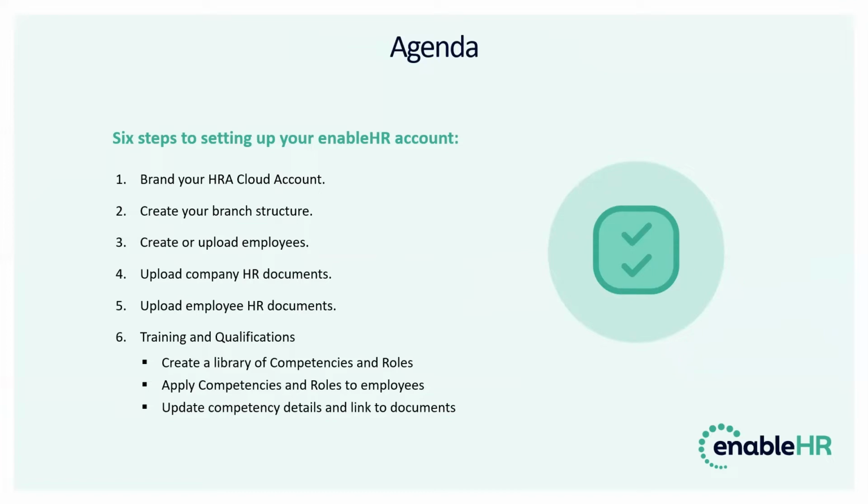We're going to cover how to add your own branding to your enableHR account, how to set up your branch structure, how to get your employee records into enableHR, how to upload company HR documents, and how to upload current and historical employee documents, how to build out your competency library to capture training and qualification information, and how to link competency data to employee records and documents. If you've already had a call with a member of our team, you may find you have already completed some of these setup items, and this may just be a recap for you.